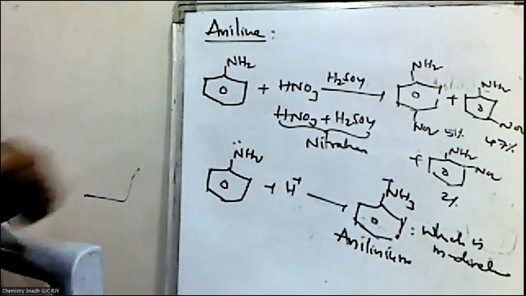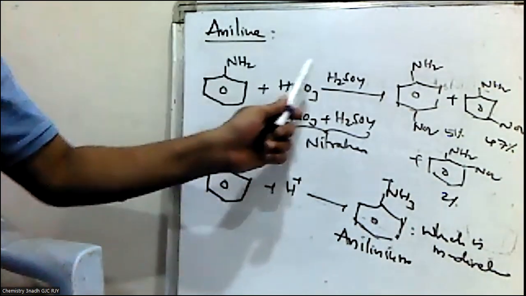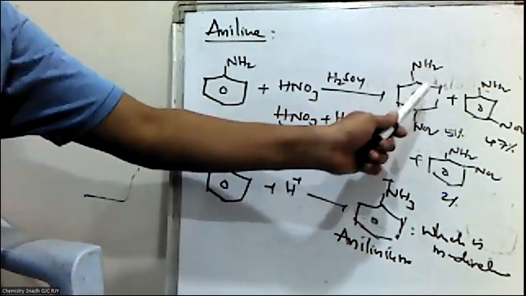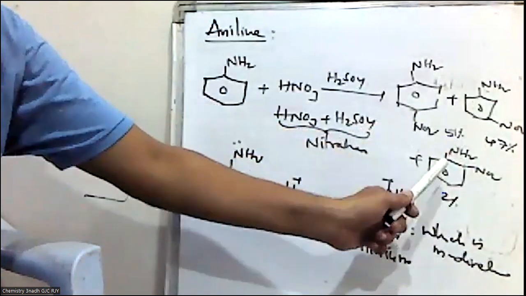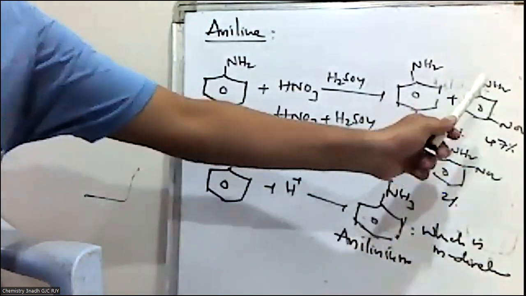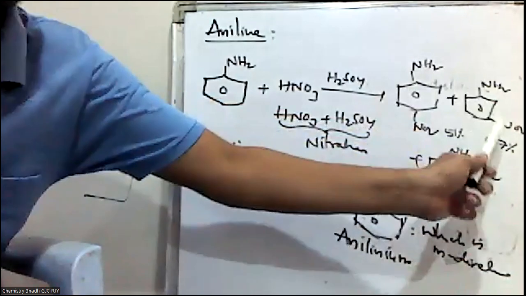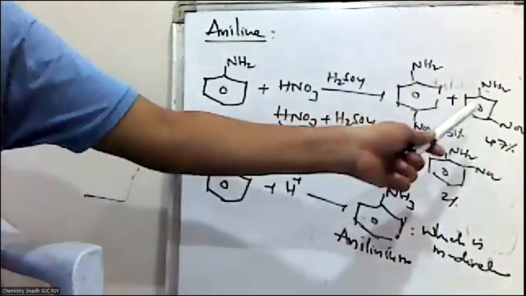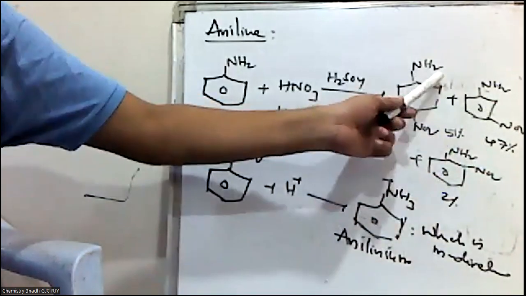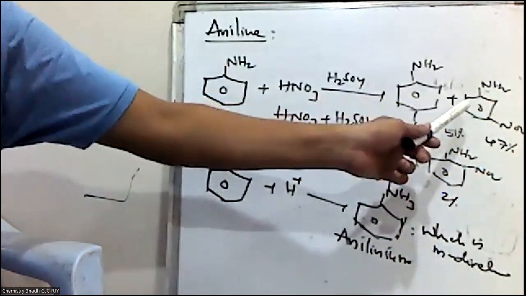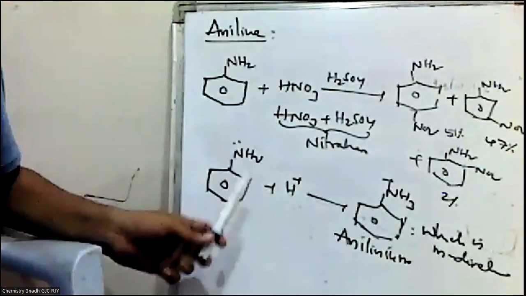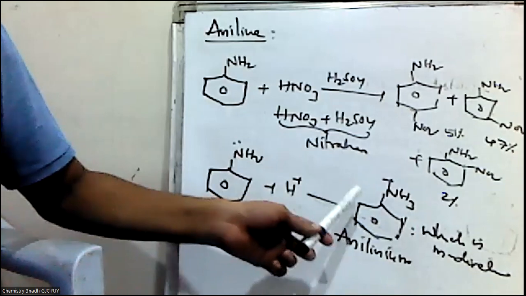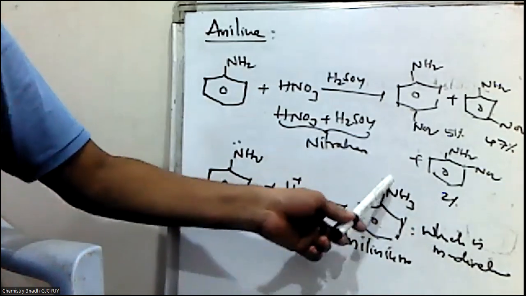That's why when aniline reacts with nitration mixture, we are getting para-nitroaniline, meta-nitroaniline, and ortho-nitroaniline. So why are we getting the meta product? Even though the NH2 group is ortho-para directing, we are getting the meta product as the second major product. The reason is that in acidic medium, the aniline molecule gets protonated and forms the anilinium ion.